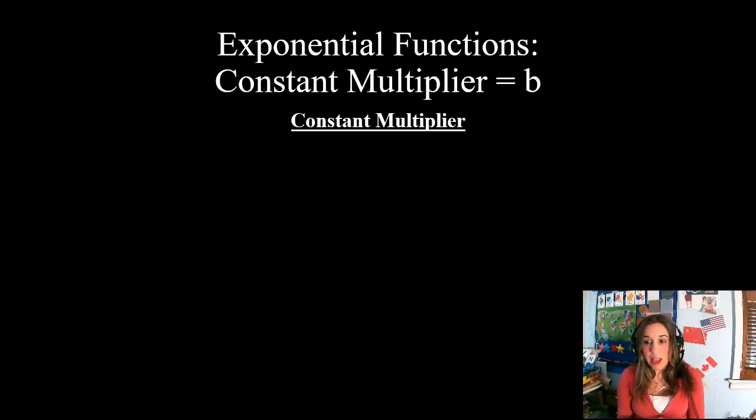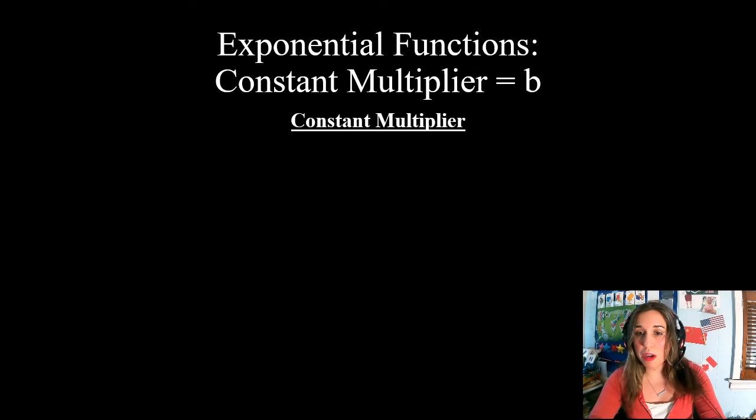Just like with linear functions, with exponential functions we're also looking at two really important pieces of information. Where we looked at slope for lines, now we're looking at what we call the constant multiplier. Just like our slope told us how our linear function changes, our constant multiplier tells us how our exponential function is changing.